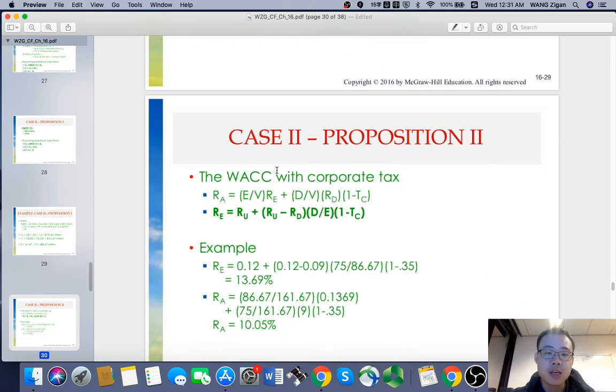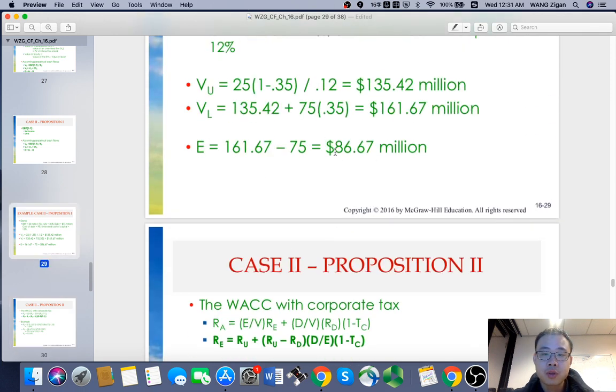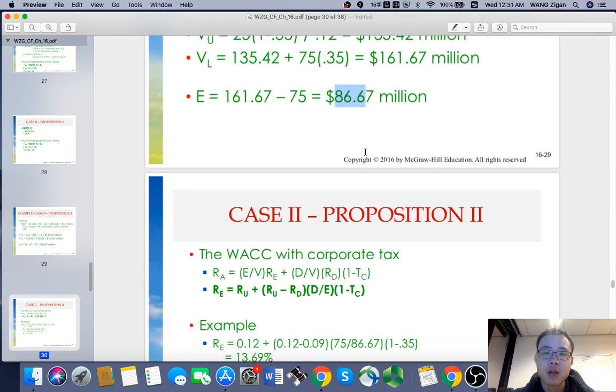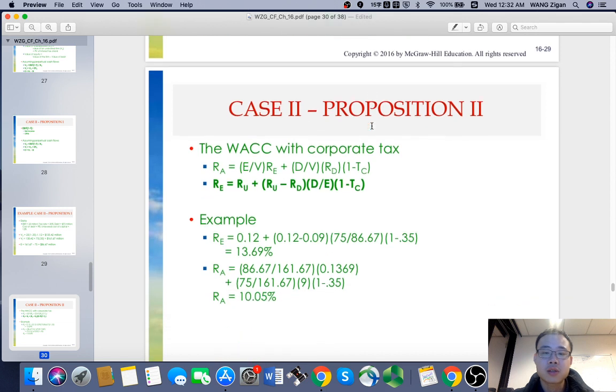So when you get the E, you can plug E into this. And 86.67 is this. Okay, this is E, and 75 is D, and you have the tax rate, you have the RD, you have the RU.